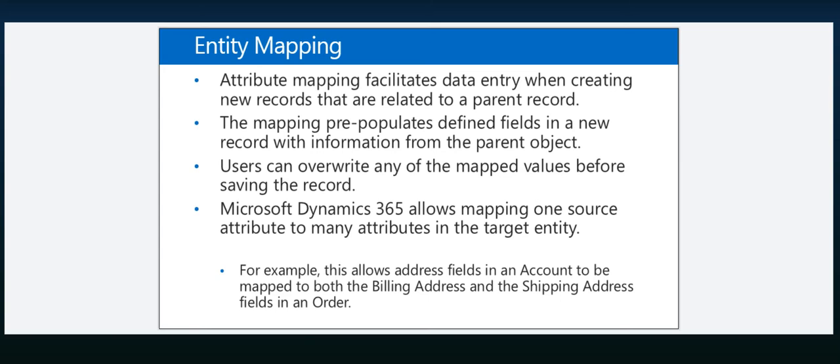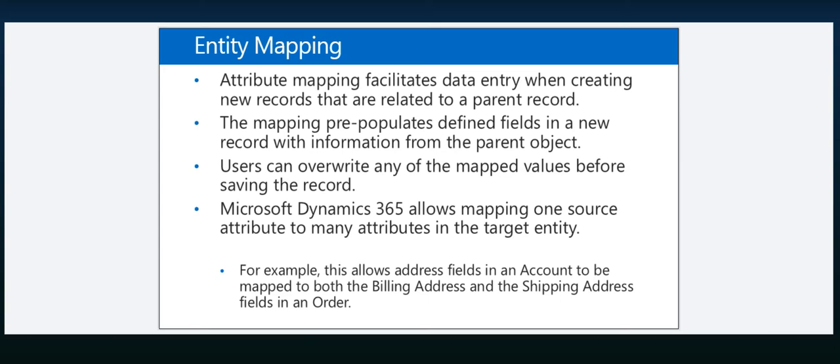So with the attribute mapping, what it does is pre-populate fields when you create a new record from that specific entity or that specific record. So if you're on an account and you say you want to create a new contact, it'll automatically populate all the fields from the account that's in the entity mapping from account to contact. You can, of course, override all of this information. It's basically just pre-populating it on create. It's not being enforced. It doesn't have to be exactly that way.